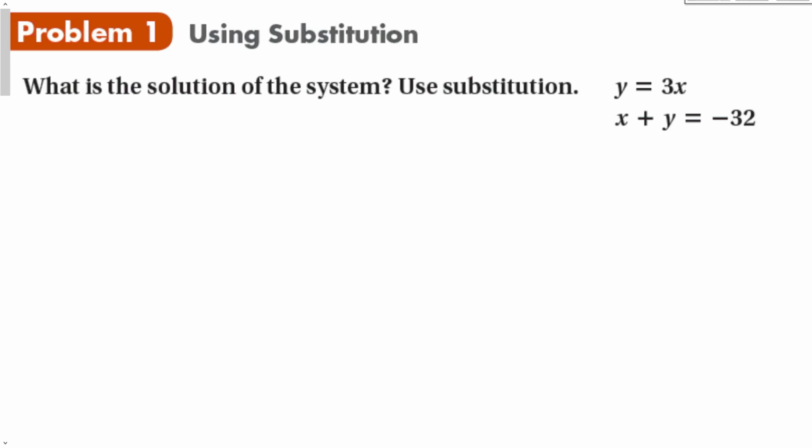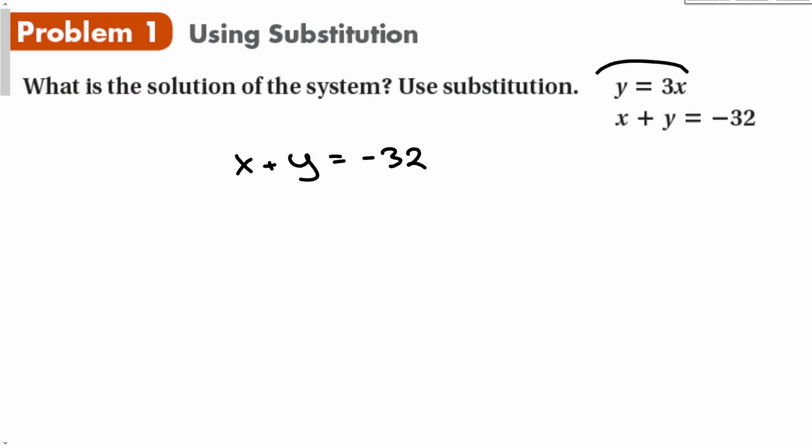Now, because I know that y is equal to 3x, I can use that information to help me solve this next equation. So x plus y is going to be equal to negative 32. Well, I can't solve that because it has two variables.